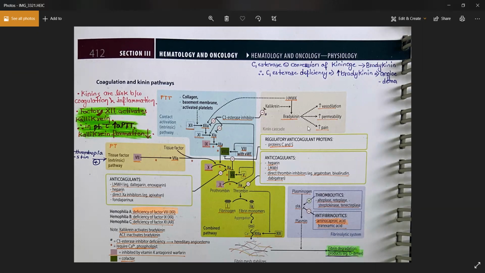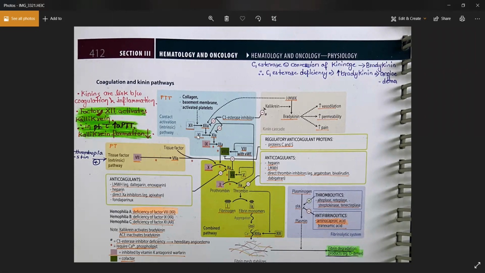Now, you have one enzyme, which is the C1 esterase inhibitor. Remember, the C1 esterase inhibitor can lead to angioedema if it becomes deficient. The other function of the C1 esterase inhibitor is to inhibit this kallikrein, and to inhibit factor 12 and factor 11 also.